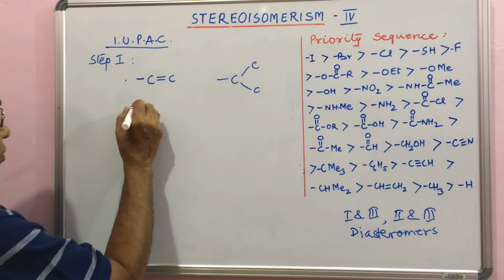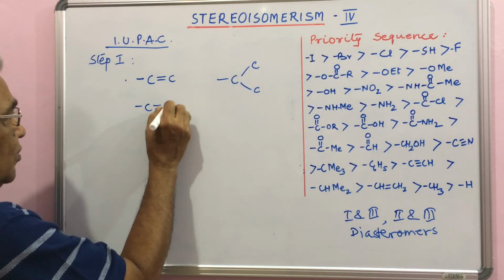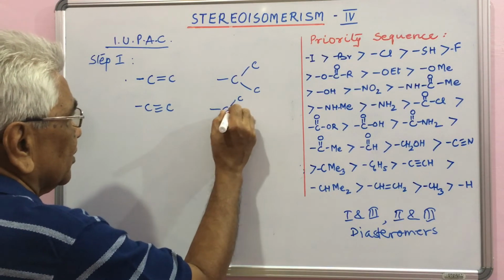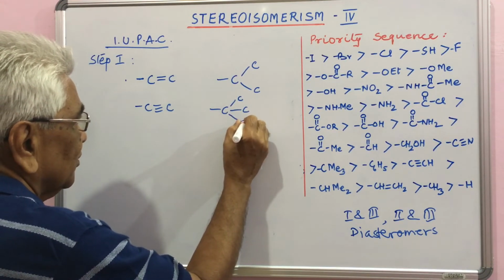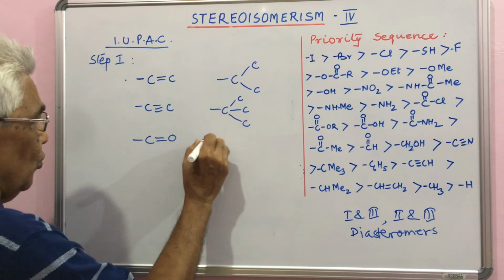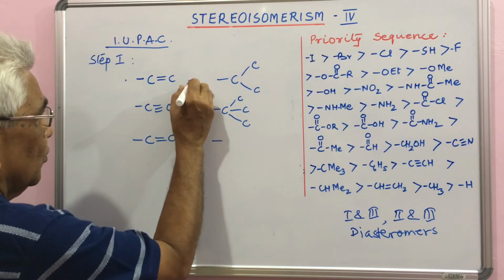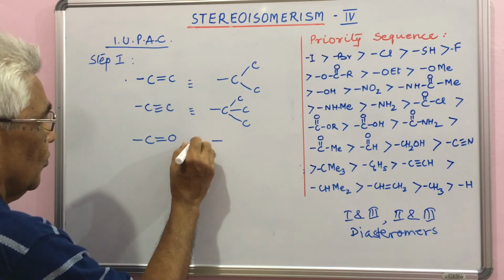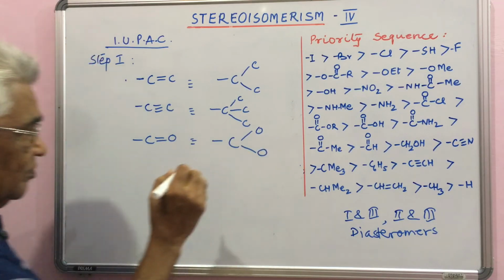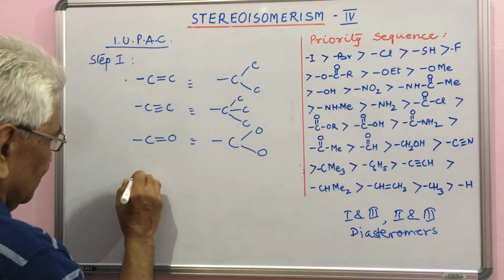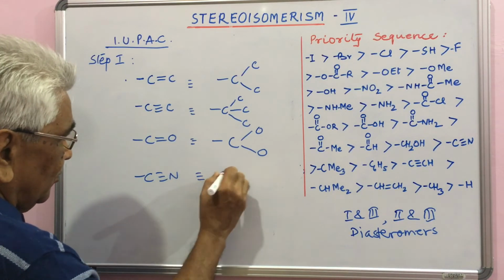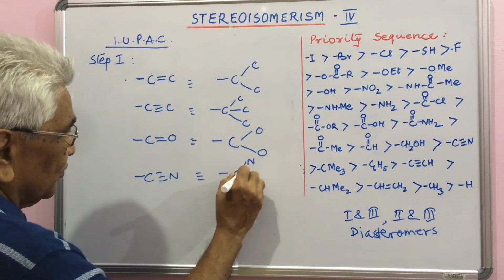If you have C triple bond C, this will be deemed to be having 3 carbon atoms attached. Remember this rule. C double bond O is equivalent to C and 2 oxygen atoms. C triple bond N, 3 nitrogen atoms.